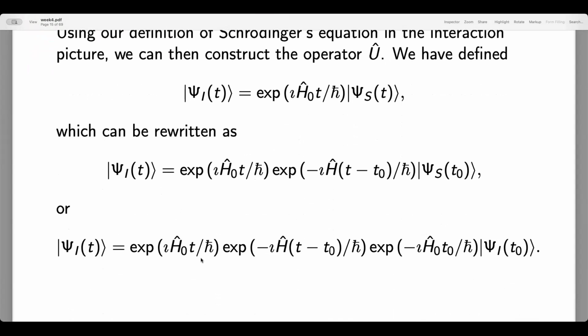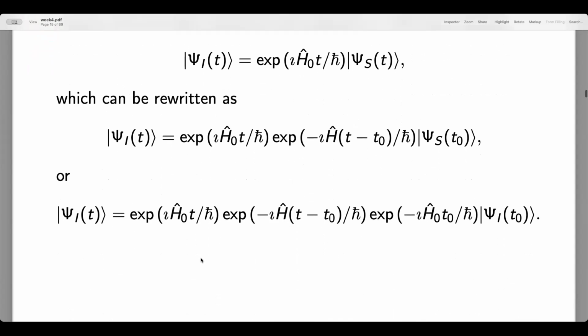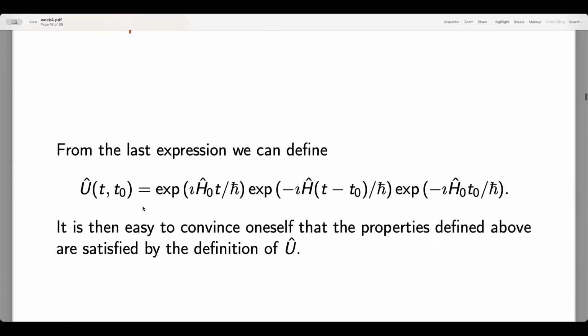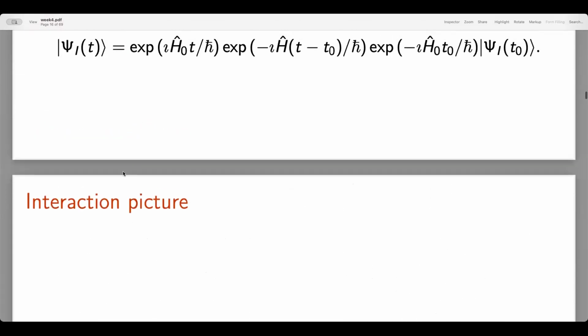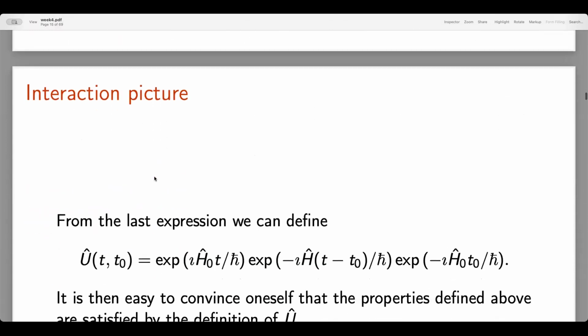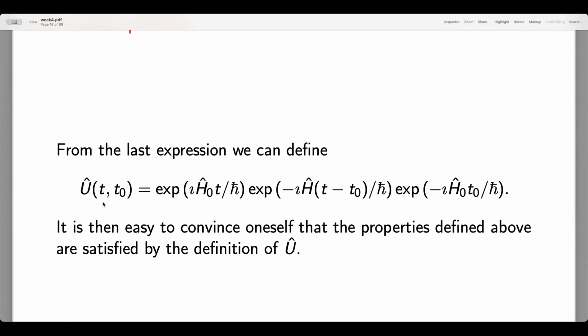And then we have a set of unitary transformations. From this last expression, you would simply define that one as your unitary transformation from a time t0 to a time t.